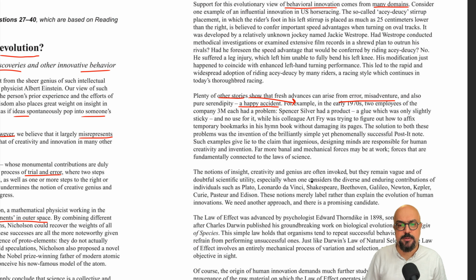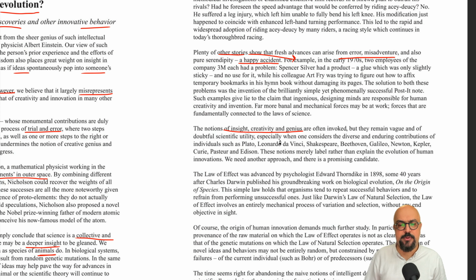Again, it's about the notions of insight, creativity, and genius. We can read this paragraph later if there is a question from it. Otherwise, we just skip this paragraph altogether. Who knows? Maybe there are no questions about this subject matter.